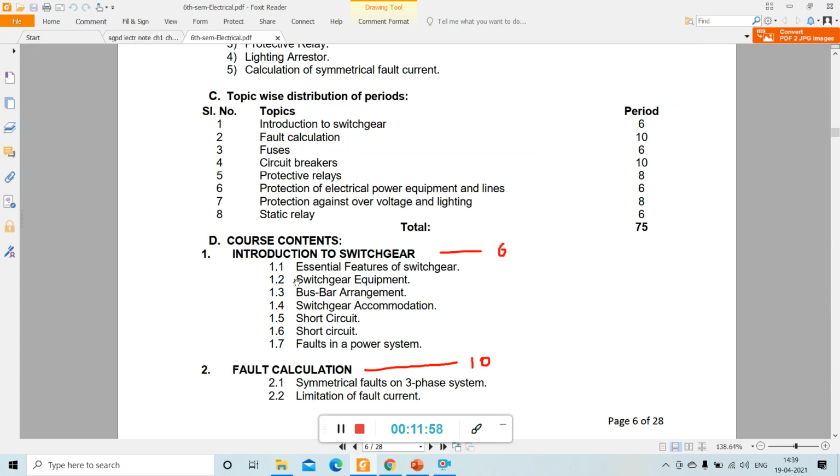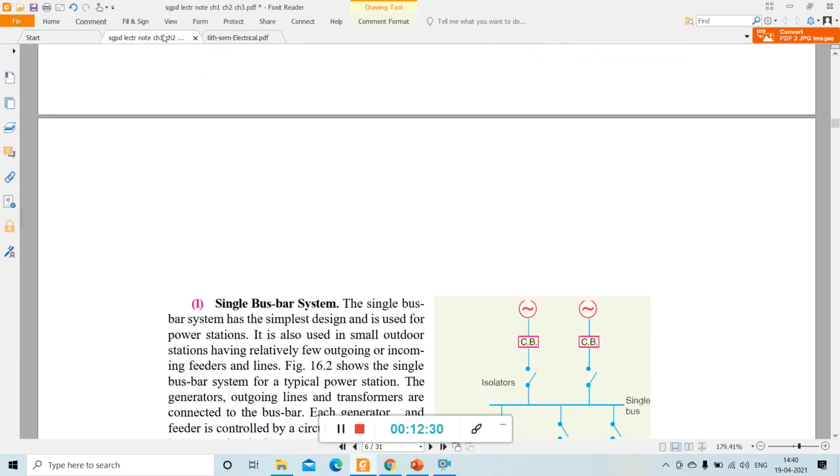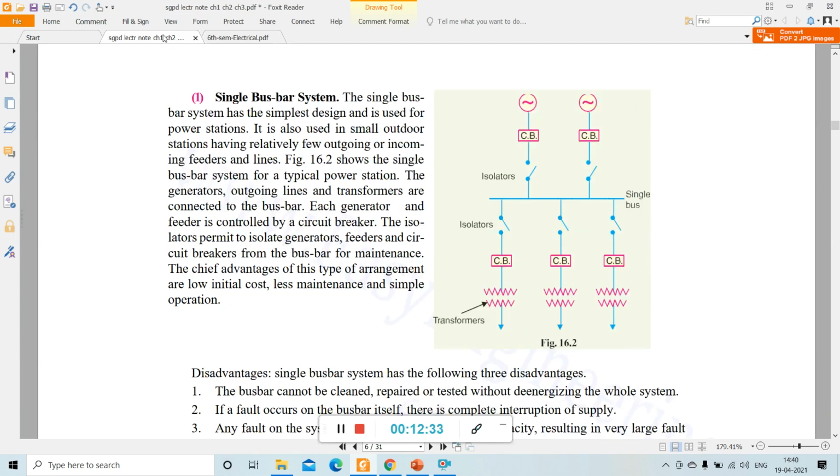The next section is the bus bar arrangement. What is this bus bar? I already told you, and you have already studied it. A bus bar is a copper rod or a thin-walled tube and operates at constant voltage. Under the bus bar arrangement, this is the single bus bar system.